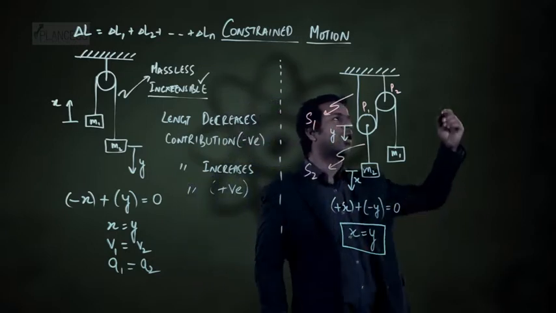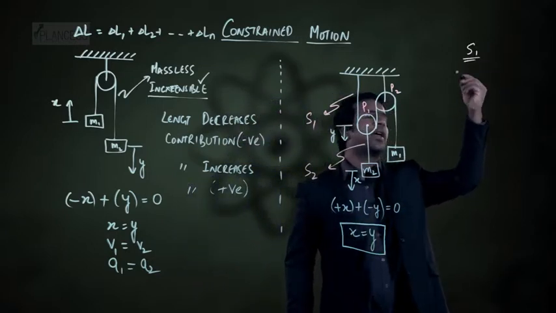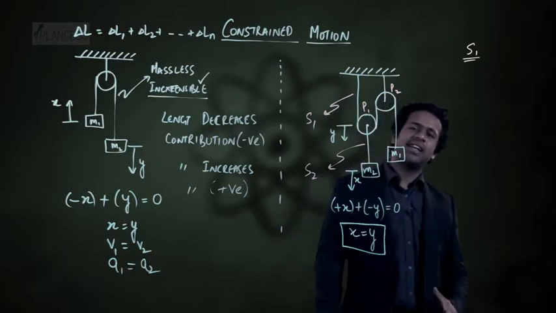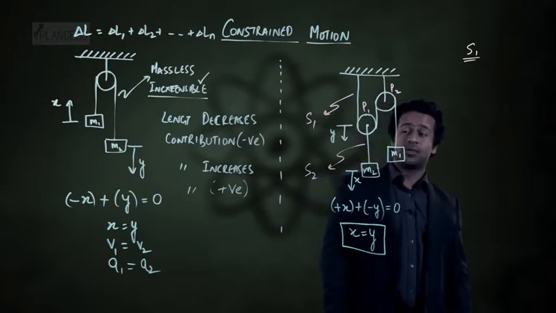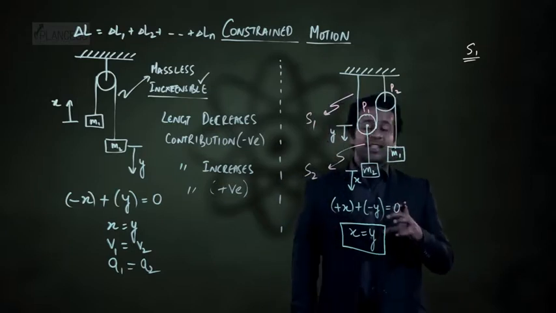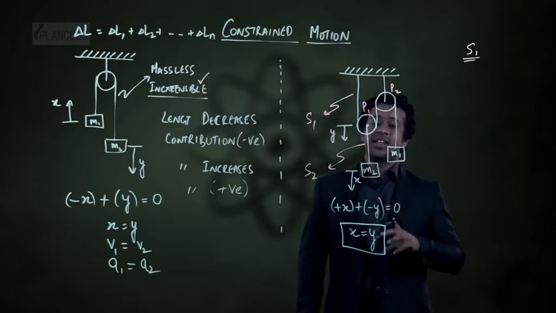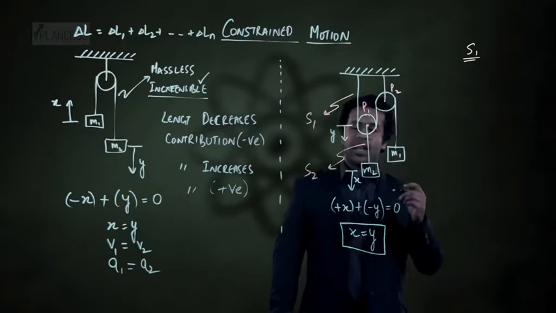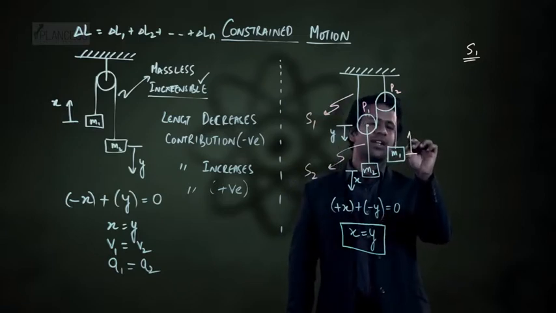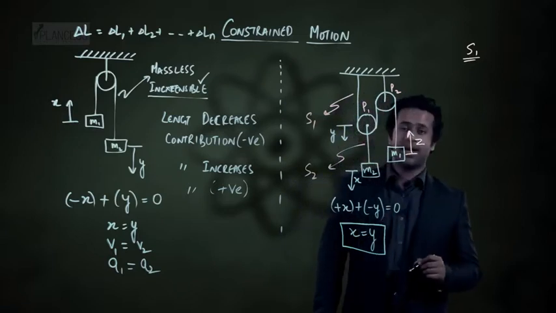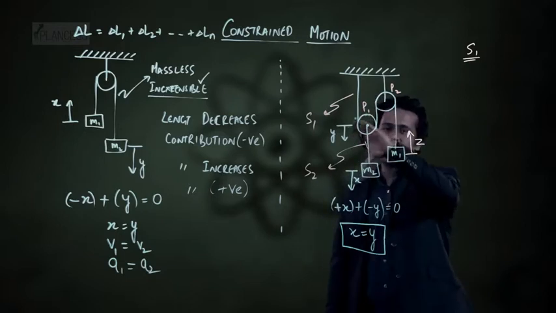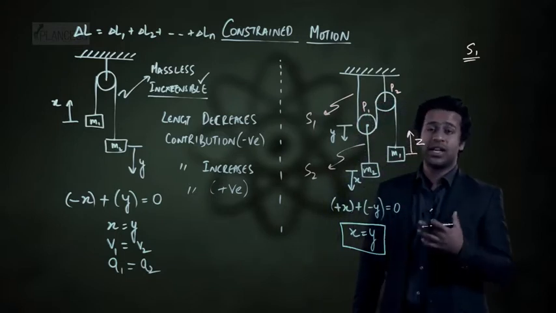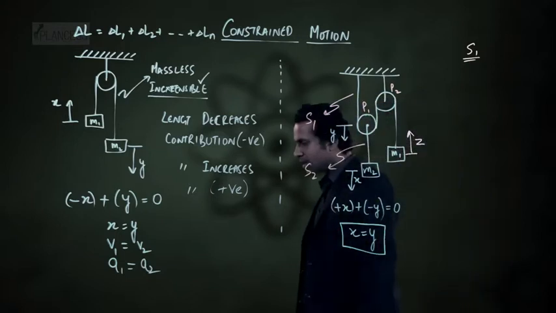Now let's focus on string 1. Now string 1 is slightly more tricky. This is because this involves a movable pulley. Let's see how. Let's first of all assume that M1 is going to go up by an amount Z. This is again obvious. If this side is going down, this side would certainly go up, right?